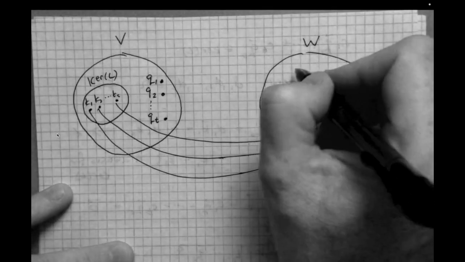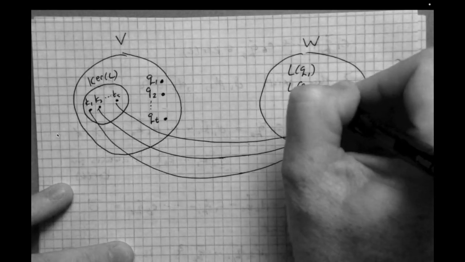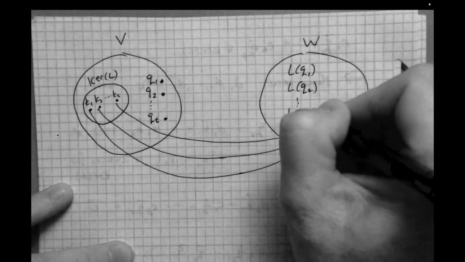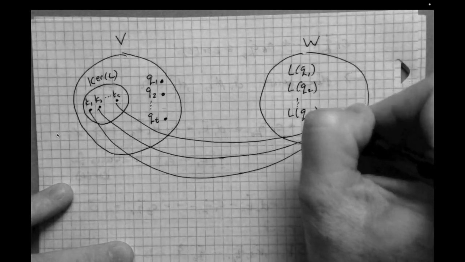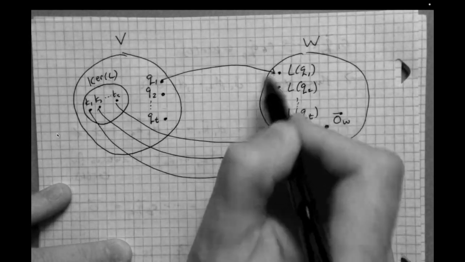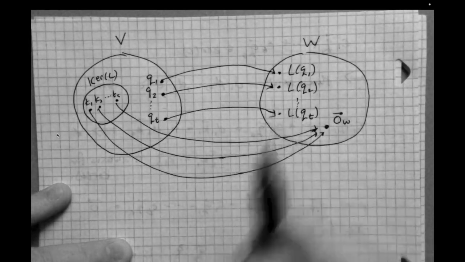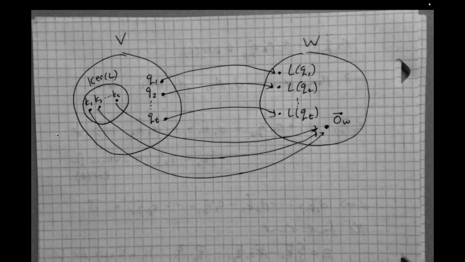Over here you've got L of Q1, L of Q2, dot, dot, dot, L of QT, and these all map over like that. So this is what the picture looks like.